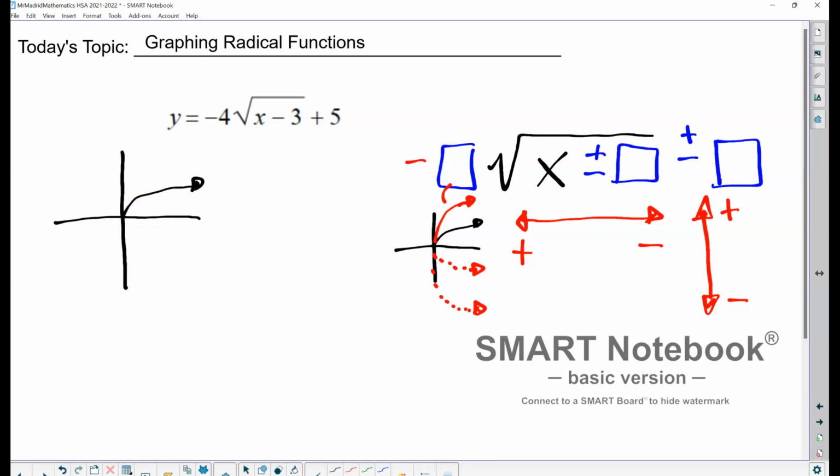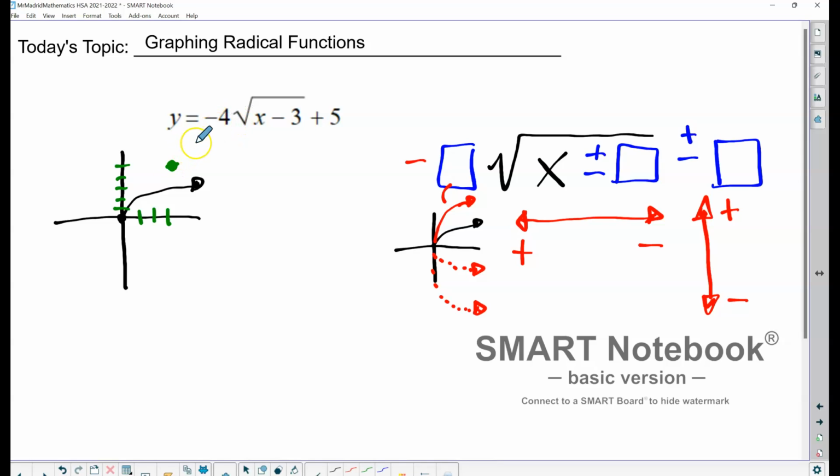Again, it's always critical to understand where our graph starts so we can perform all these shifts. So I'm going to go 3 to the right and 5 up. So my new starting point is right here. It's the same graph, except now it's being shifted.